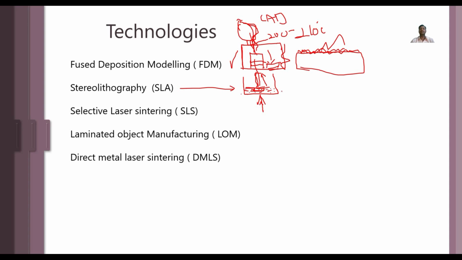Whereas here, we can see the print layers go from top to bottom. However, you can see the replica of this after removing the object.